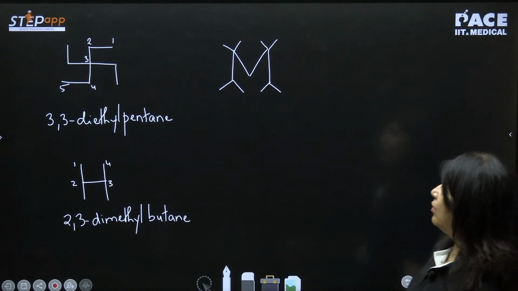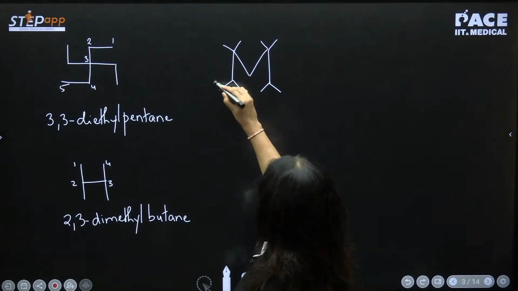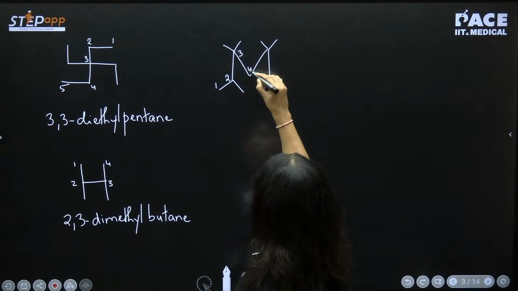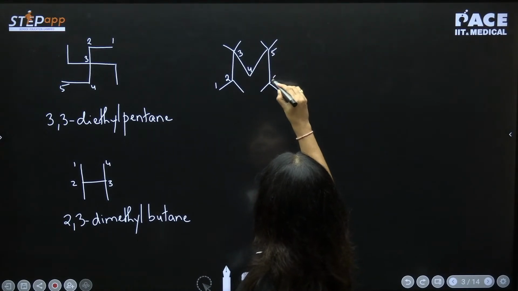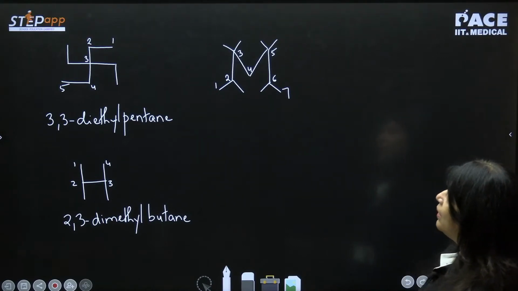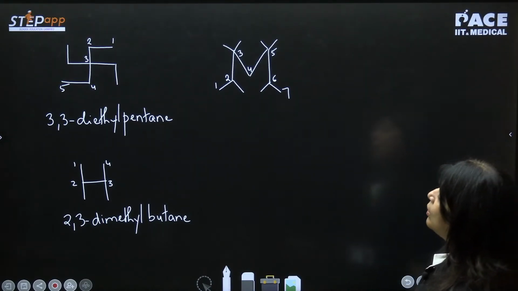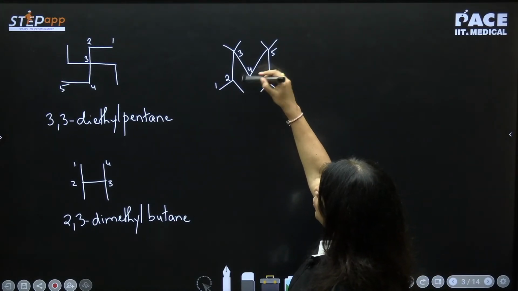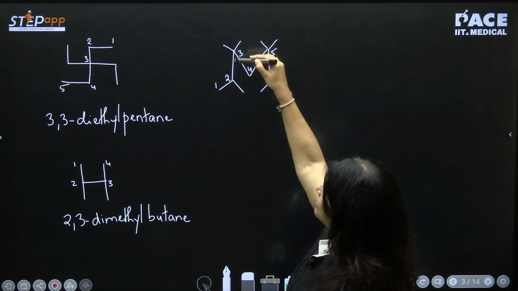Let's see the name here. 1, 2, 3, 4, 5, 6, 7. 7 carbon in the parent chain, so it's heptane. Now the branches. Second carbon has a branch of a methyl group. Third carbon has 2 branches.